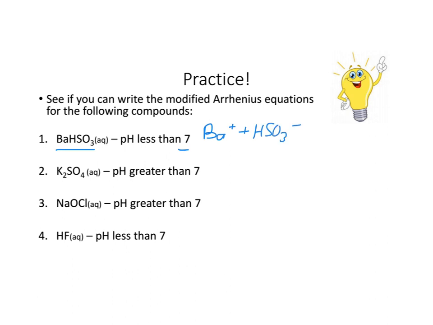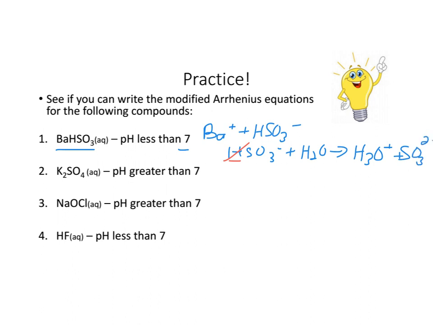Then our next step is to take our compound with the H, HSO3 minus, and react it with water to produce hydronium, H3O plus. And what's left? Well, if we take the H from HSO3 minus and attach it to water, what's left is going to be SO3 2 minus.